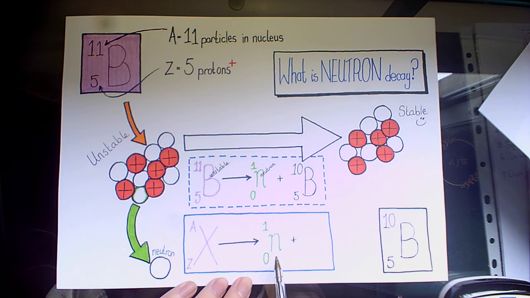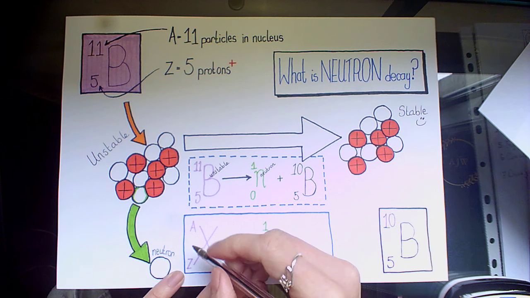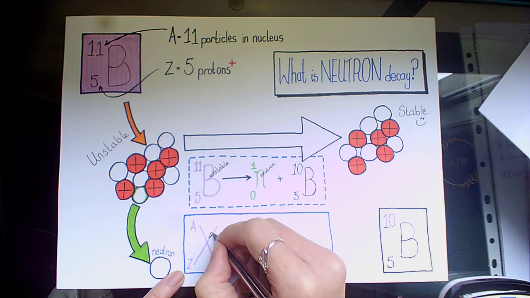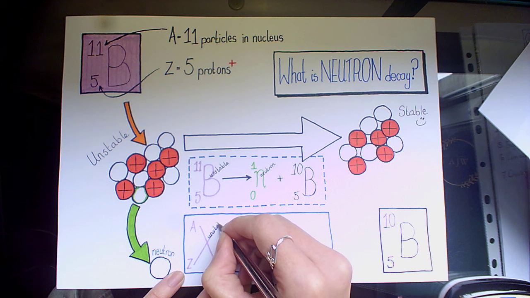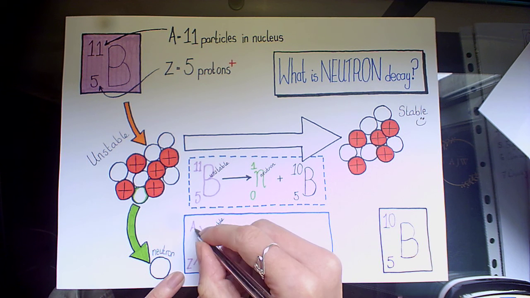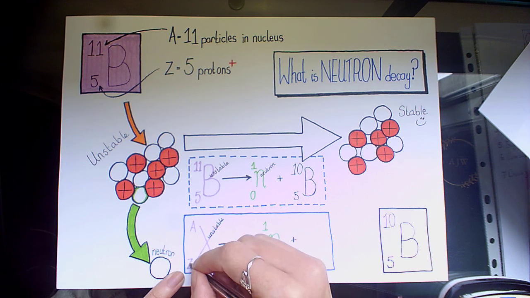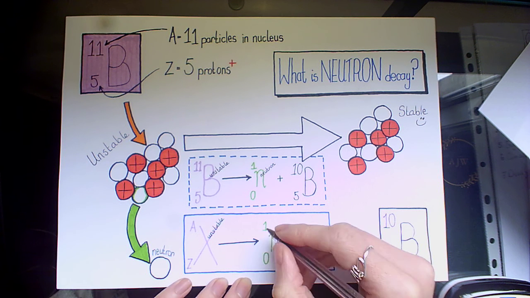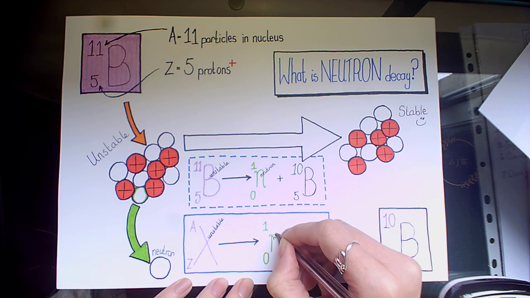Finally, looking at the general terms equation, as always, we've got our atom X, which is the unstable version that needs to decay to become stable, with its mass number of A and atomic number of Z. And it emits just 1 neutron, nice and simple.